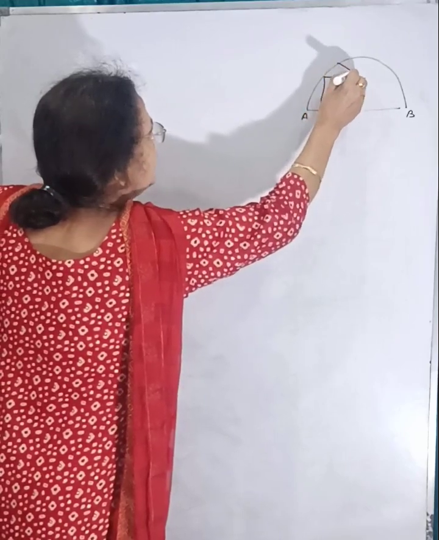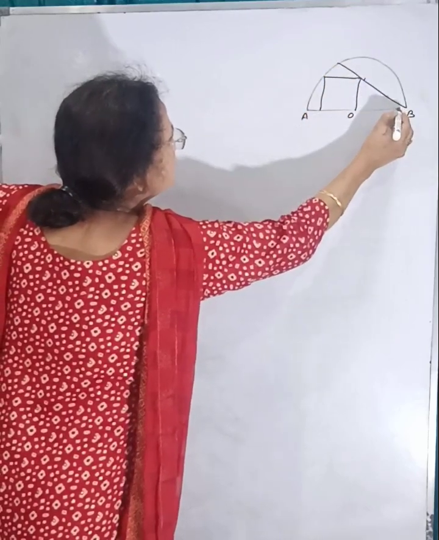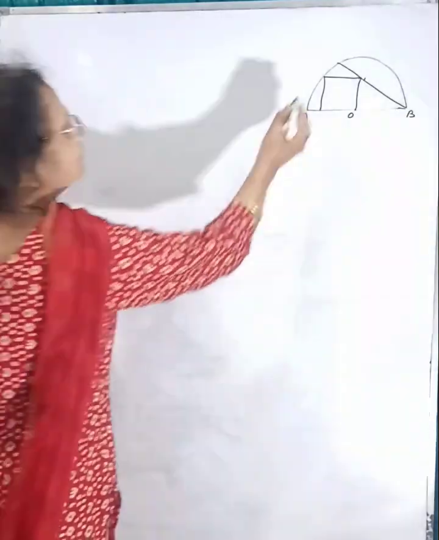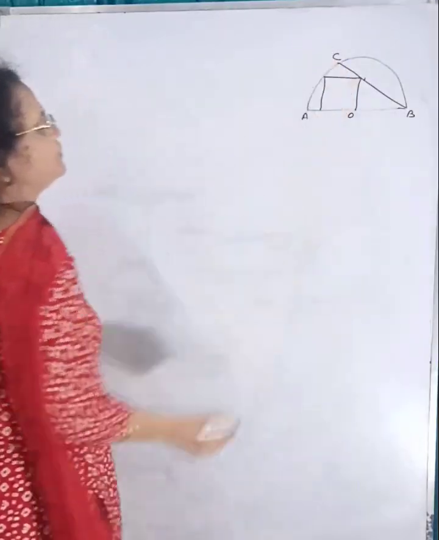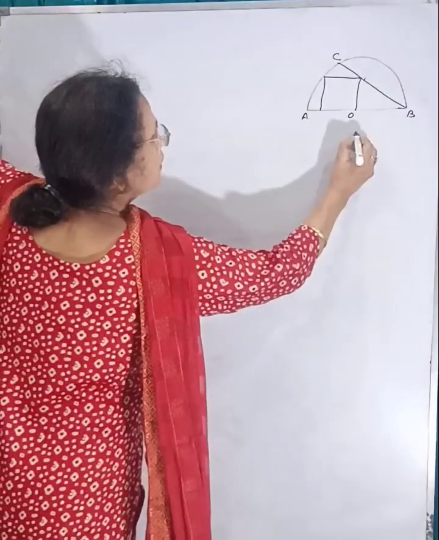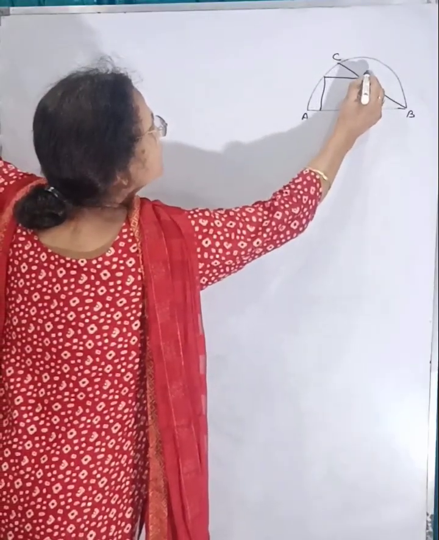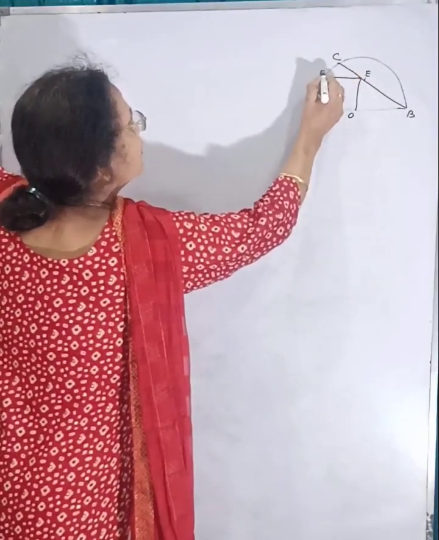This point is touching with B. On the circumference, this is known as C. Let us suppose this point is E, this is F.